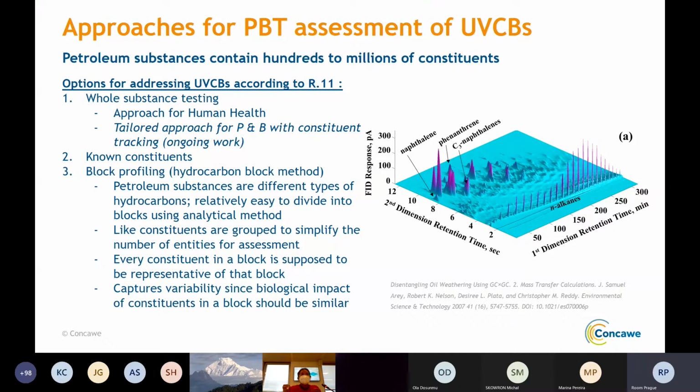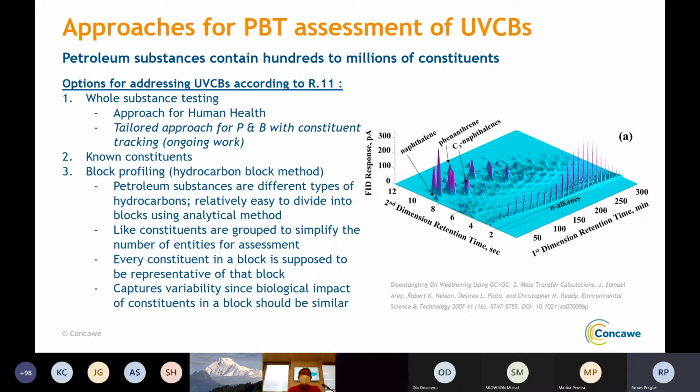In these blocks, because the constituents are grouped, it simplifies the number of entities that we have to assess. And every constituent in a block, therefore if a block is homogeneous, is supposed to be representative of that whole block.